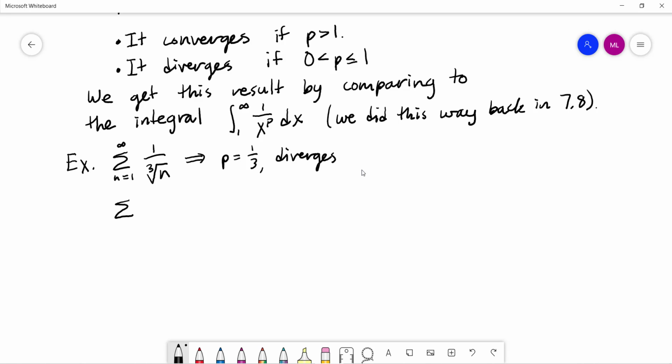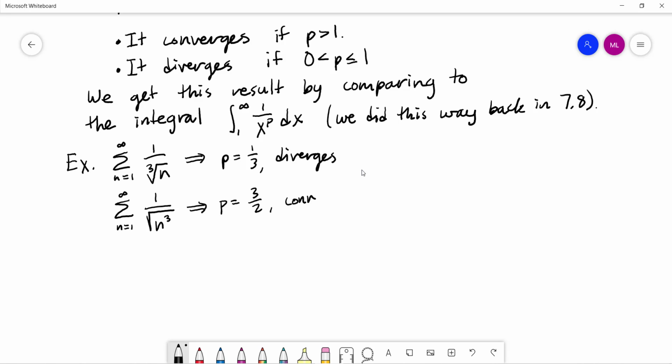If we did the sum from n equals 1 to infinity of 1 over, let's say, the square root of n cubed, well, in that case, for that power p, we have a 1/2 from the square root and a 3 for it being cubed. So p is equal to 3/2 in this case, which is greater than 1.